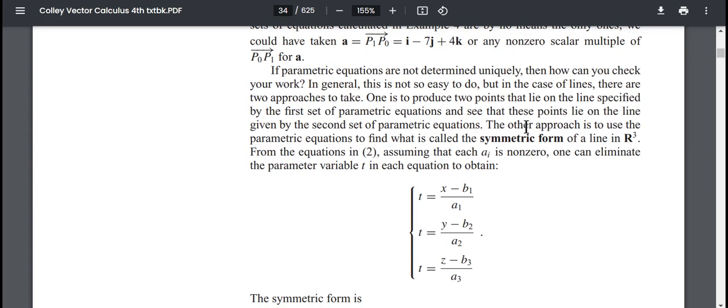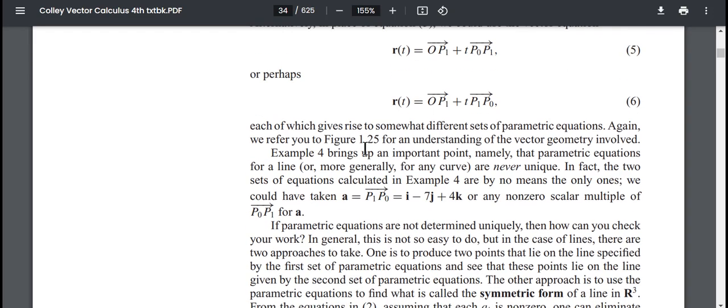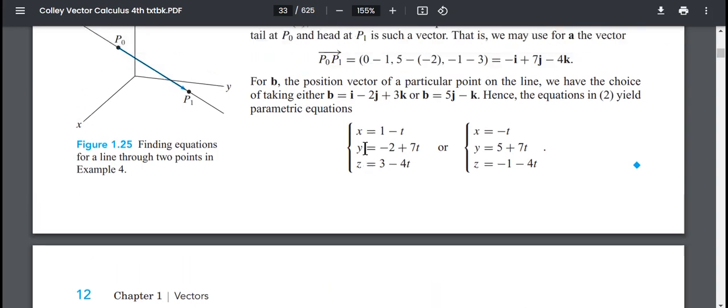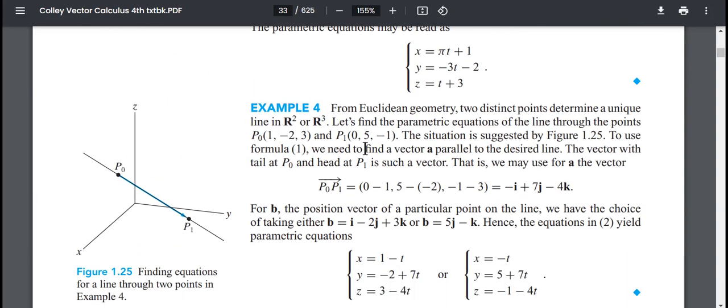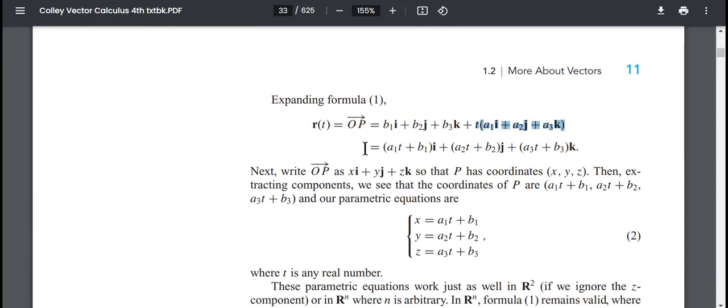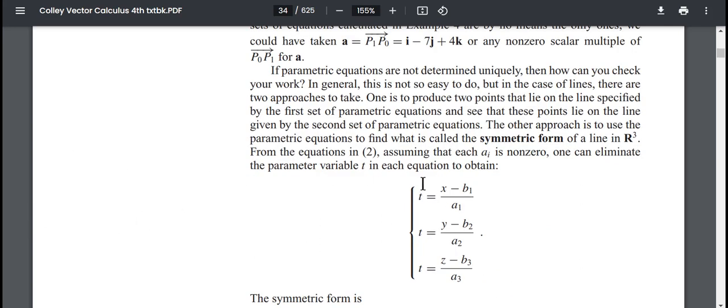The other approach, she says, is to use parametric equations to find what is called the symmetric form of a line in R3. From the parametric equations in number 2, which was back here, from these parametric equations, we can solve for each of those in terms of t.